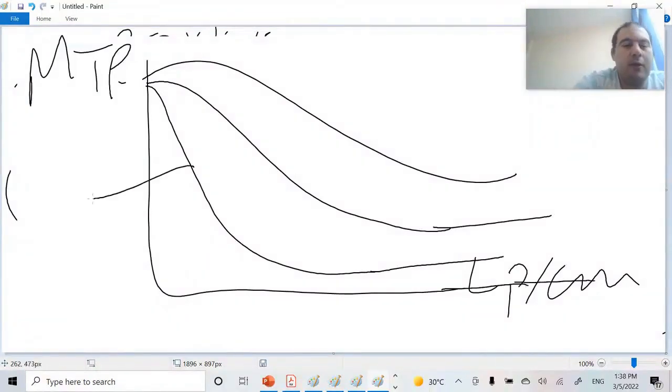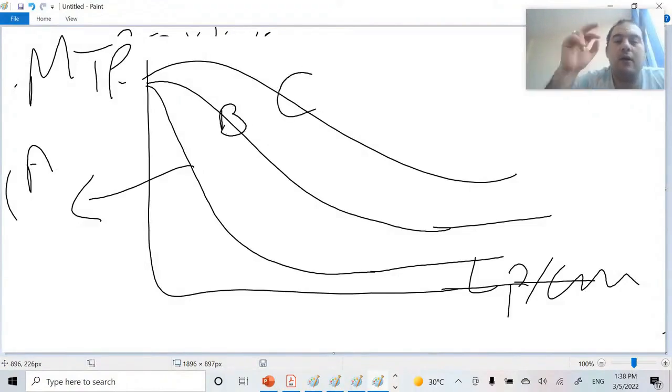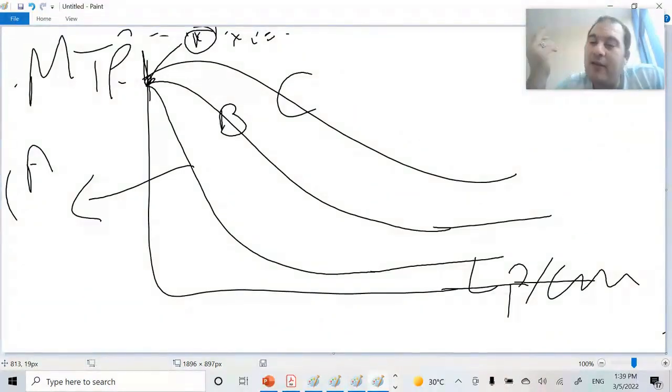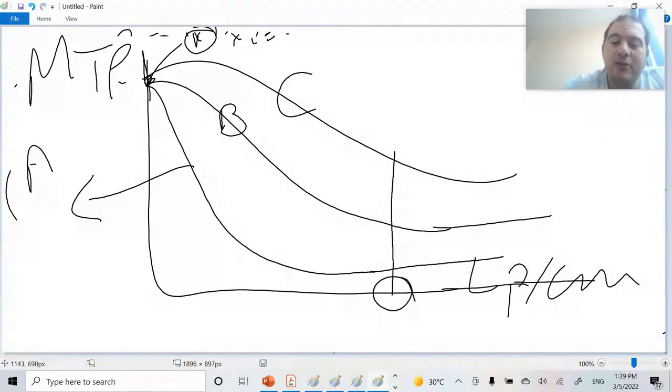So I have the first machine, which is A, the second machine is B, and the third machine is C. Let's assume that they all start from 1, which is 100%. So, who do you think is the machine that can see the highest number of lines efficiently? C, because you took an example here. Let's say 20 lines.